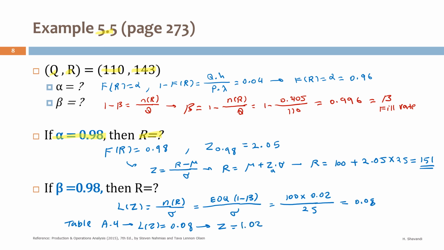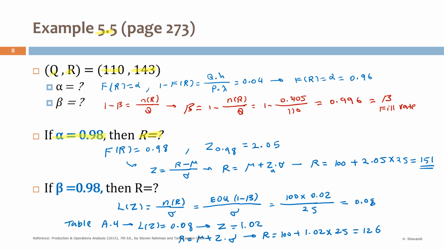Okay, now we do have Z and we want to obtain R, so as you know, R equals mu plus Z times sigma, right? Now R will be again 100 plus 1.02 times 25, and it will be 126.